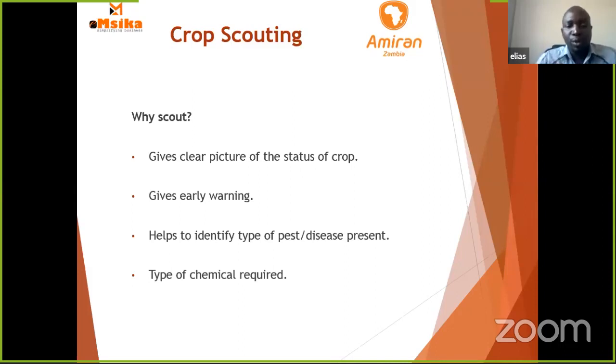Now, this scouting also helps you to identify the type of pest and disease present. Sometimes we may be fighting a fight that we are not winning because we don't know what we are fighting.